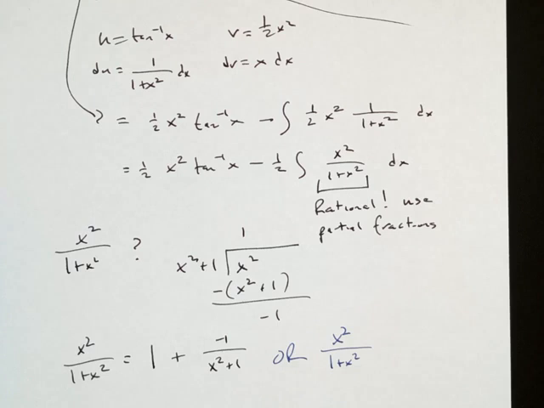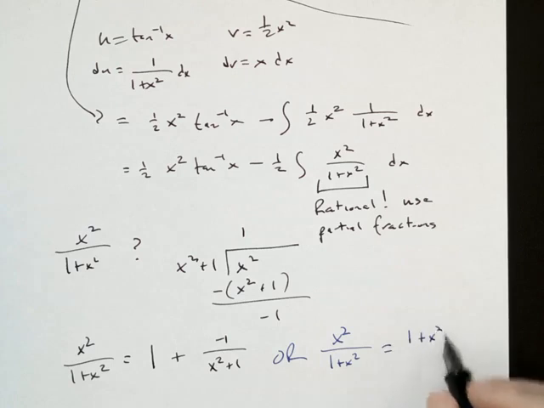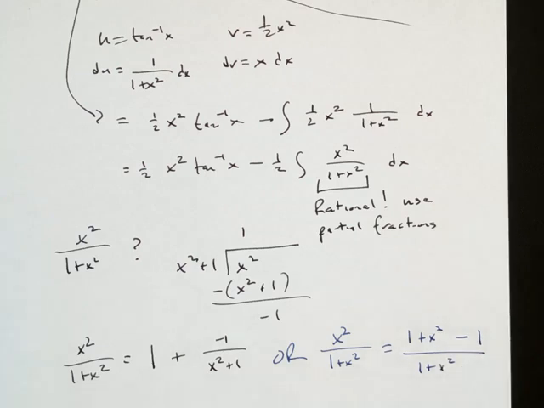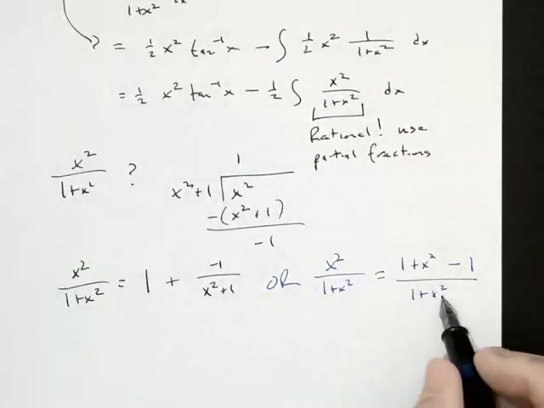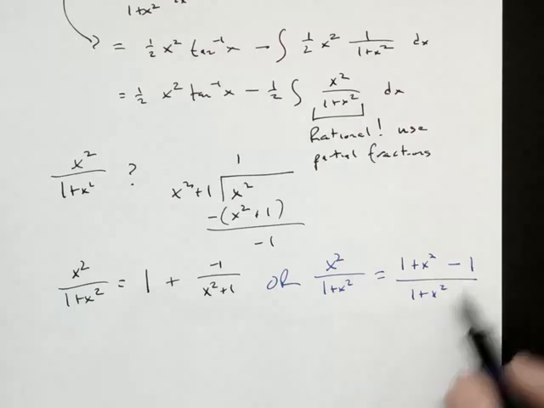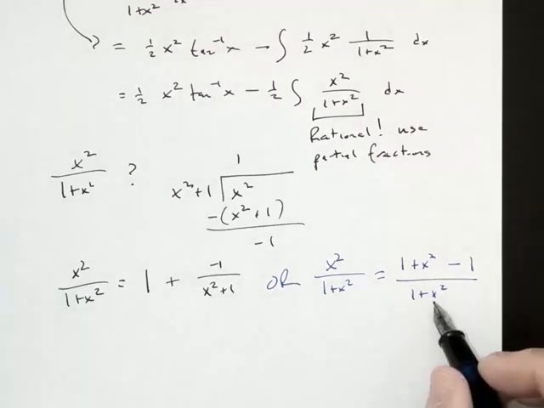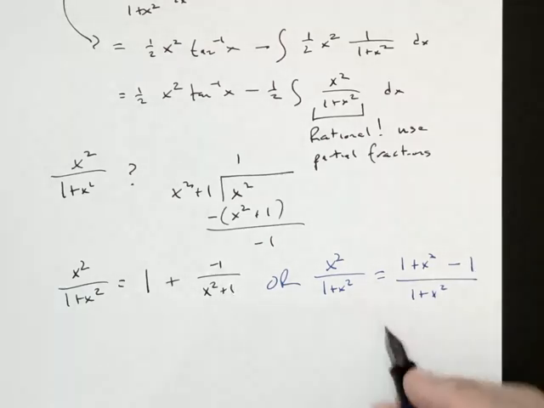I'm going to add 1 and subtract 1. Then 1 plus x squared over 1 plus x squared is 1. And I have -1 over 1 plus x squared left over.